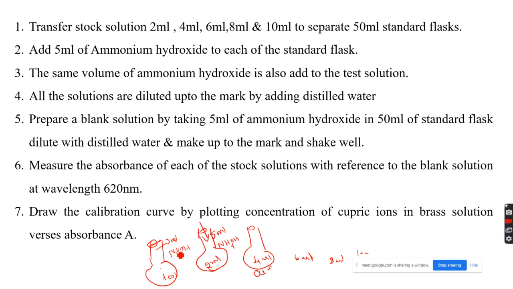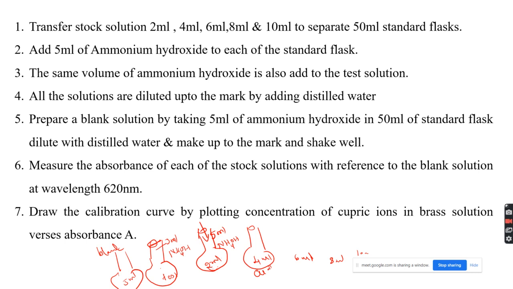And one more, we'll take a blank solution to standardize the instrument. To that also we introduce 5 ml ammonia. The same volume of ammonium hydroxide is introduced to the test solution as well as to the blank solution.